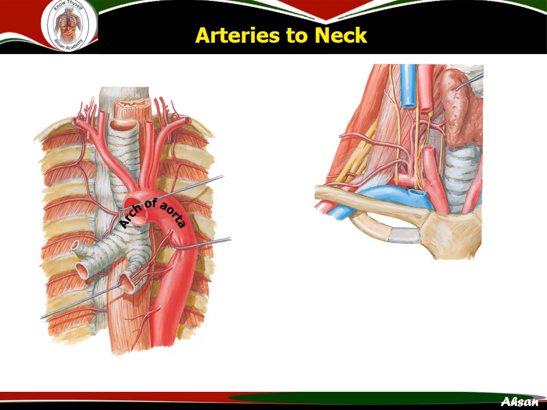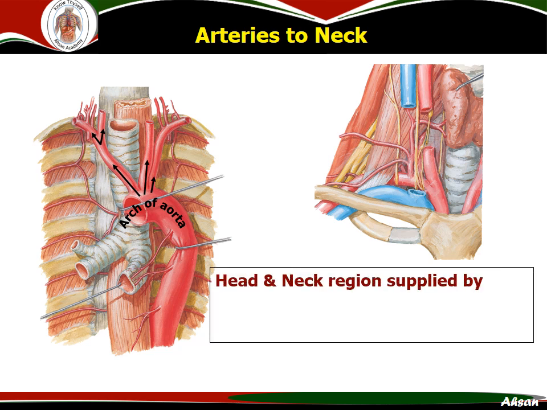This is the arch of the aorta labeled here on the left figure. You can identify this is the brachiocephalic trunk, divided into common carotid and subclavian of the right side, and this is the left side, common carotid and subclavian. So these are proceeding towards the neck and upper limb. This head and neck region is supplied by these two common carotid arteries.